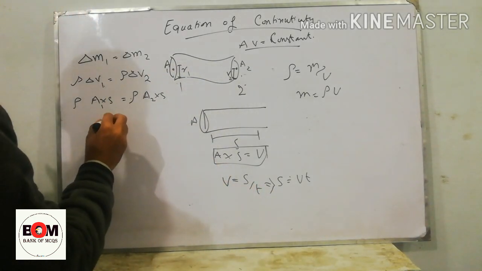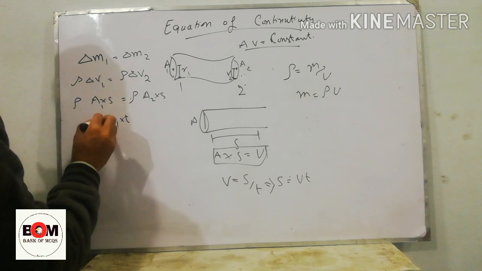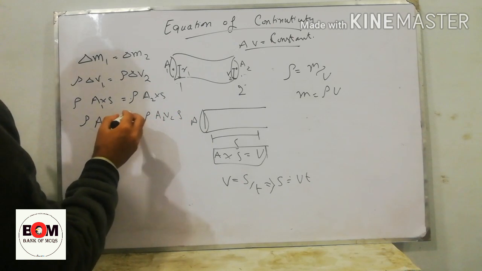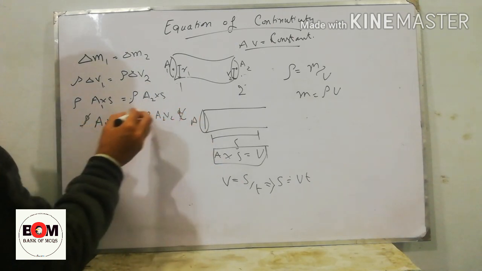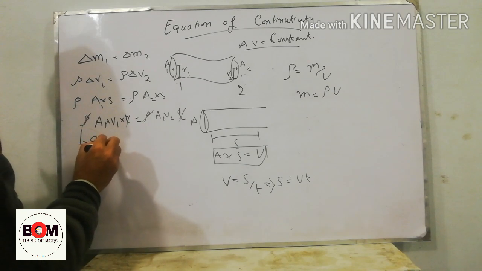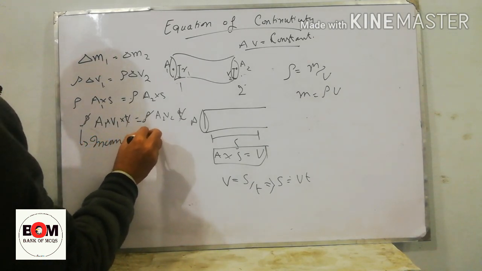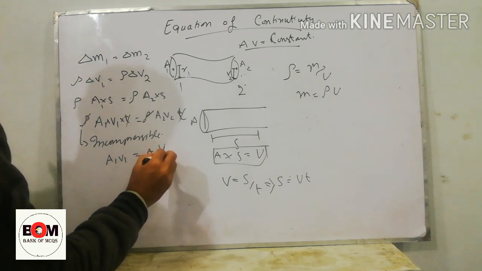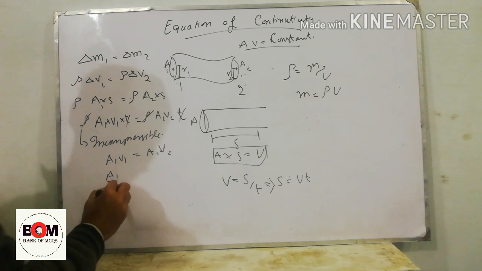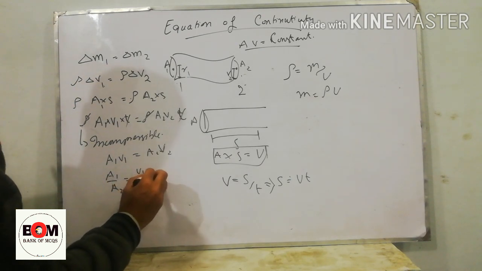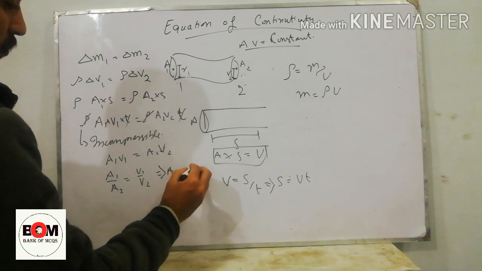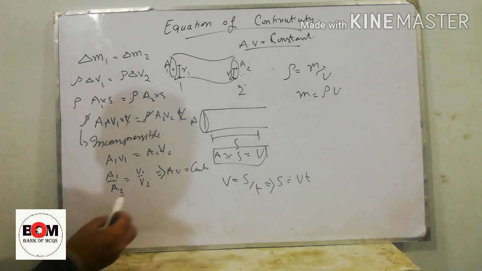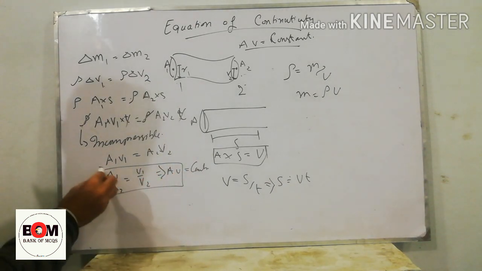So putting in V multiplied by T, we get A1, V1, A2, V2, and S. Cancelling ρ with ρ, because the fluid is ideal, that means it is incompressible, we get A1V1 is equal to A2V2, or A1 divided by A2 is equal to V1 divided by V2, or the product of AV is equal to a constant. This is the equation to keep in mind.